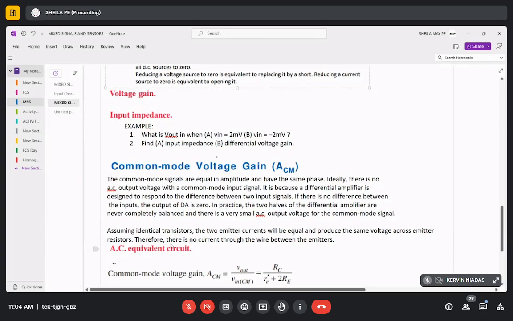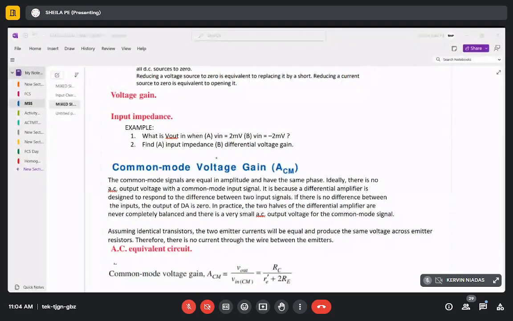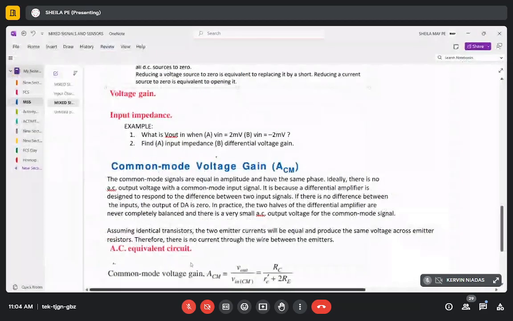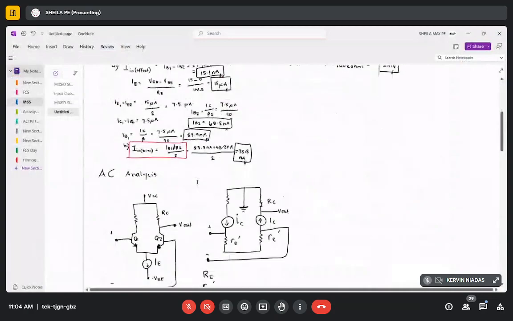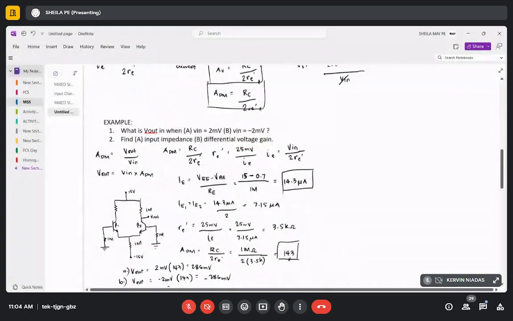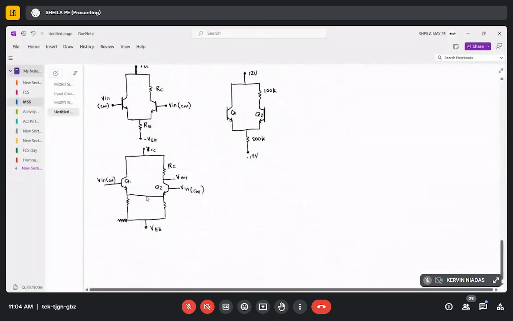Therefore, there will be no current through the wire between the emitters. So basically, class, it disappears. This wire I drew between the emitters, since we assumed they are identical, the current flowing from here to here and from here to here is basically equal, so the wire no longer matters.